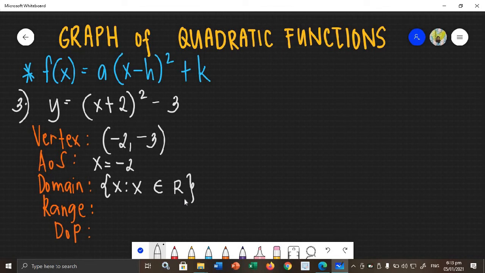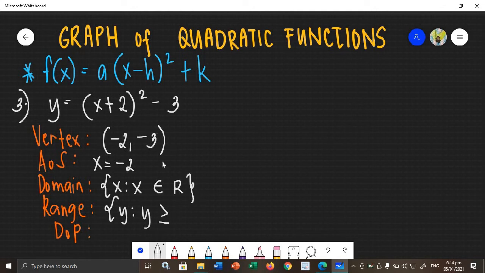Our range has a condition, no? It is according to the sign of the coefficient of the quadratic term. In this case, the value of our a is 1, which is positive, so a is greater than 0. Therefore, the range is y is the set of all real numbers such that y is greater than or equal to k.